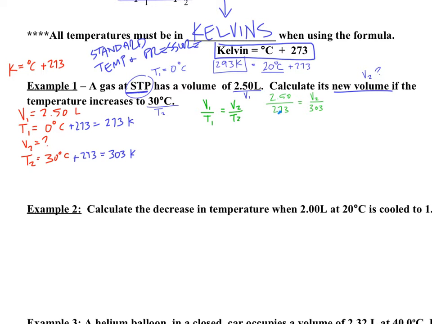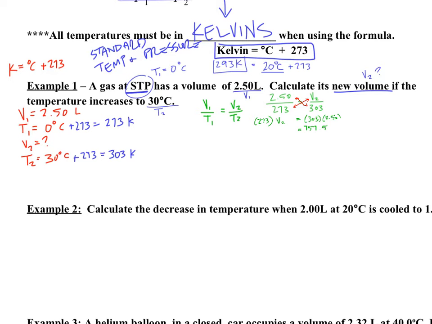Now, because I've got a fraction on the left, a fraction on the right, I can simply cross multiply. So I'm going to cross multiply V2 times 273, which is just 273 times V2, equals, and I'm going to cross multiply 303 times 2.5. So we'll combine terms on the right. 303 times 2.5 gives me 757.5.